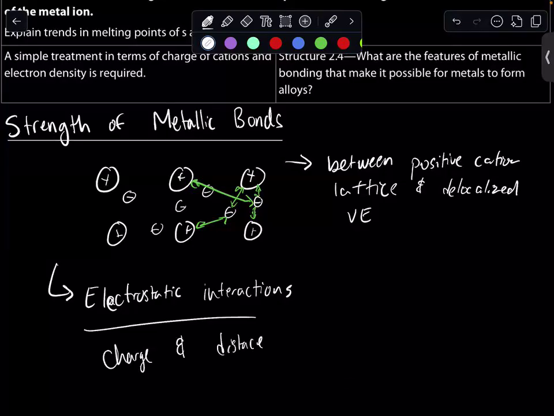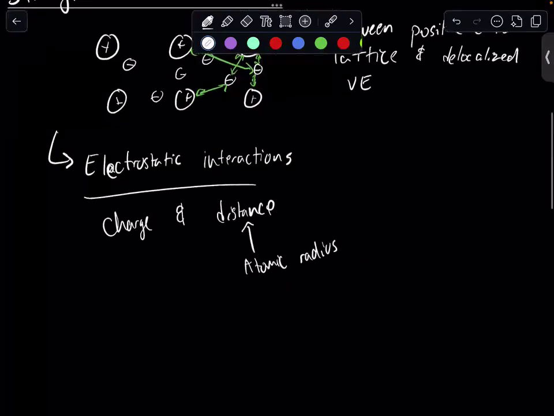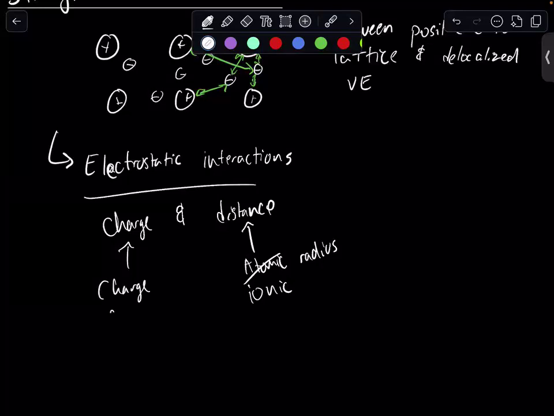In this case, distance is going to be ionic radius, because these are all cations, and charge is the charge of the cation. This all comes together to form what we talk about with electron density, in two ways, so we'll talk about both ways these affect the electron density.